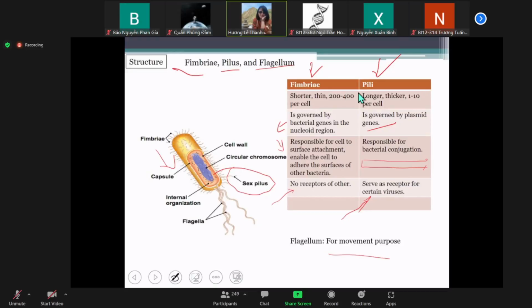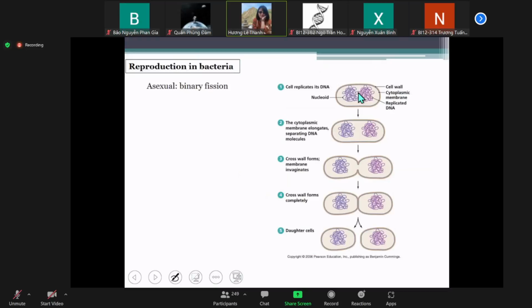And next, I will introduce the ways bacteria can replicate. There are two ways. For the asexual, we call it binary fission. They will divide. It's more like mitosis.